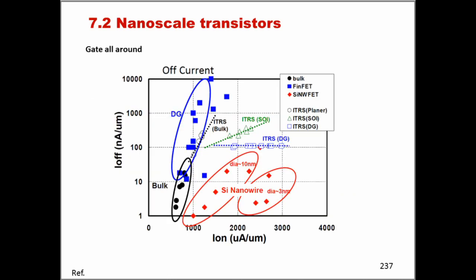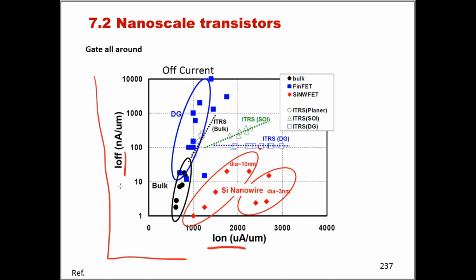Gate-all-around devices are also performing very, very well compared to other existing technologies. And this is what this plot is showing us. On this plot, we show the current when the device is on versus the current when the device is off.